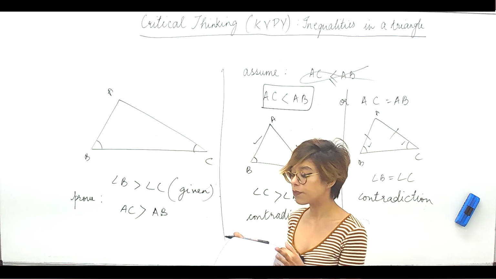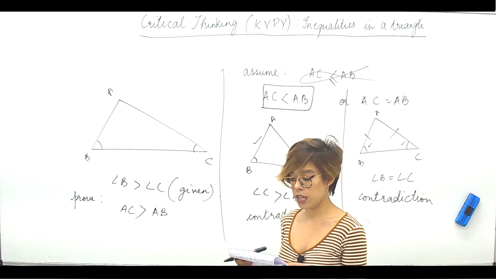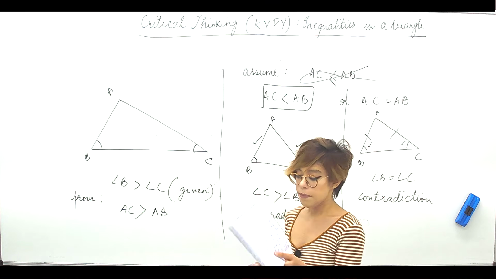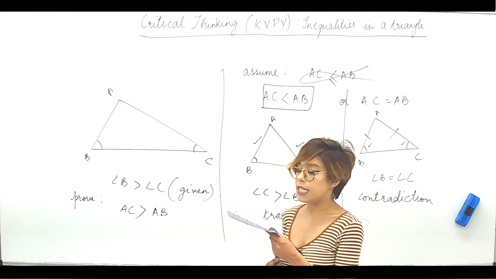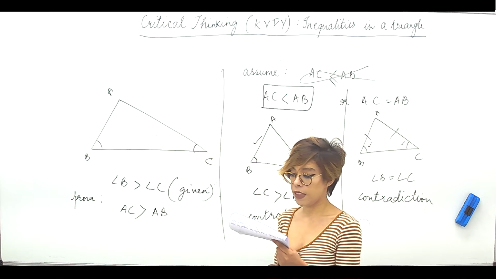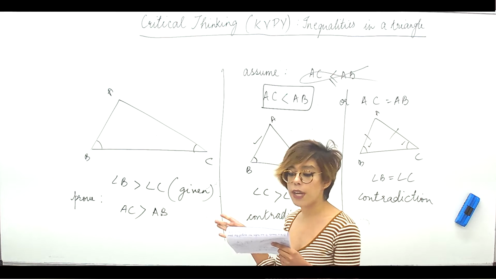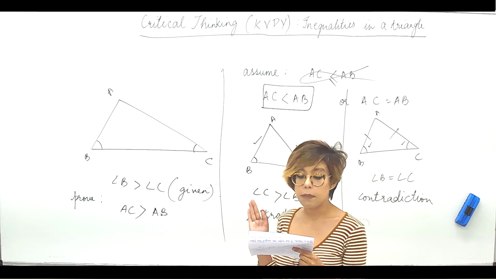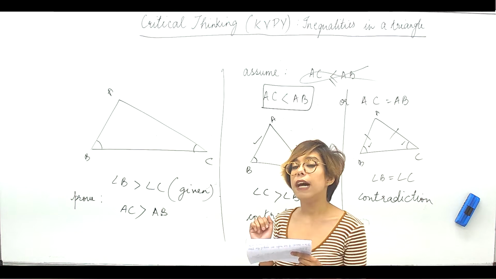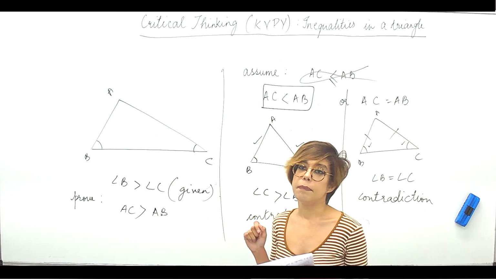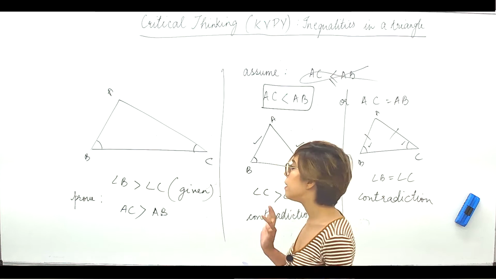Write down the question. In triangle ABC, AB is greater than AC, and D is any point on side BC. Prove that AB is greater than AD.